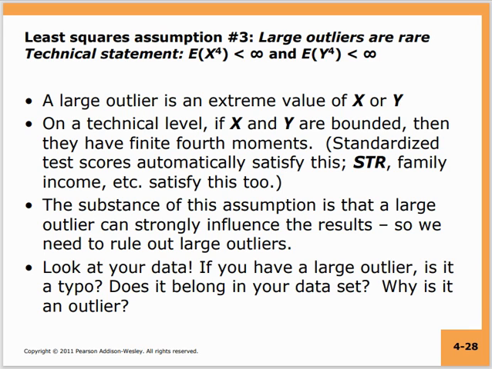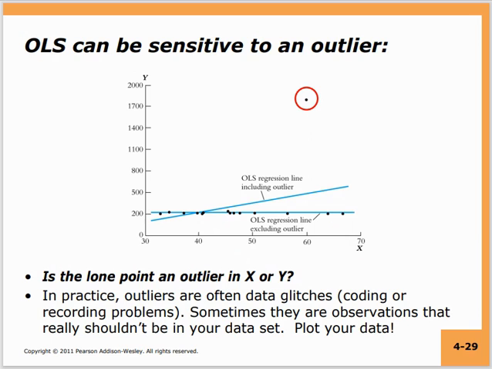So you have to look at your data and see if there is a large outlier, and whether you want to keep it in your sample in order to estimate the regression equation. Let us see how a large outlier can affect your regression equation. Suppose all the data are like this, the black points, and you have one particular data point which is a large outlier. If you did not have the outlier, you would be estimating this regression line.